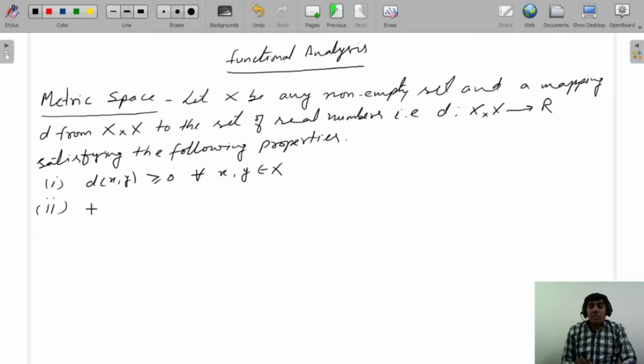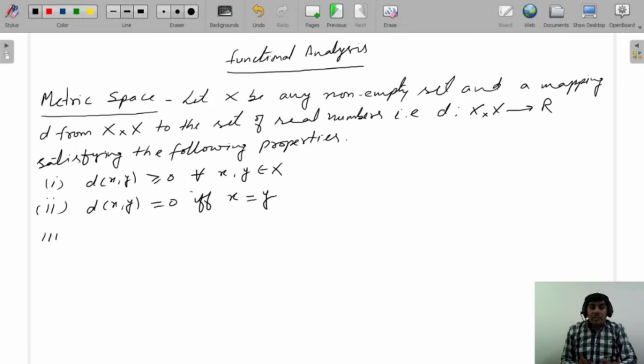Second, d(x,y) is equal to 0 if and only if x is equal to y. If any 2 points are equal, then d(x,y) is 0, and if d(x,y) is 0, then the points are equal.